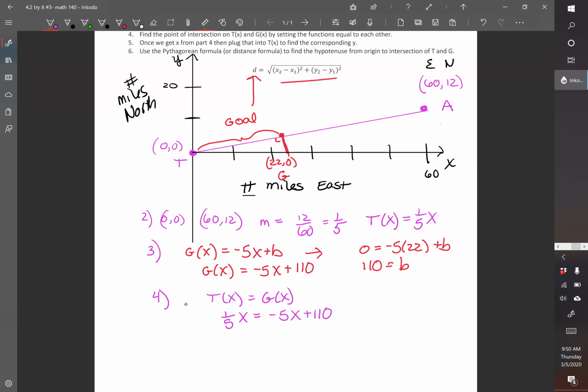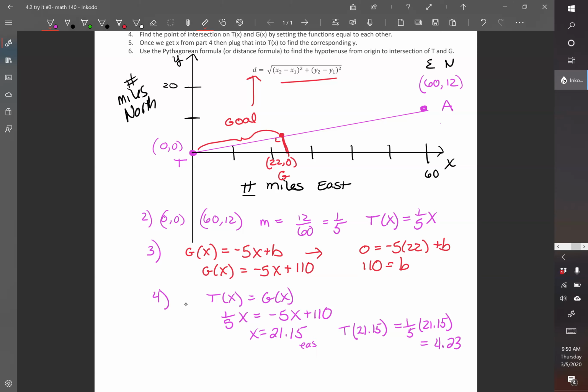When we solve that out, you will get X equals 21.15. You can just round off to 2 places. But we actually have to plug that back into one of the functions to find the corresponding y. So I'm going to plug it into T because that's just a little bit easier. It's shorter. The other one would get the exact same answer. We would get 4.23.